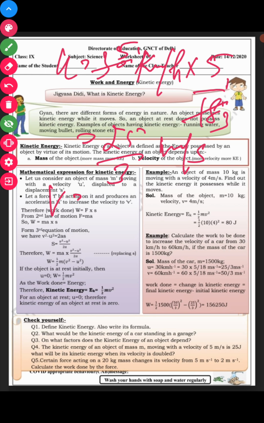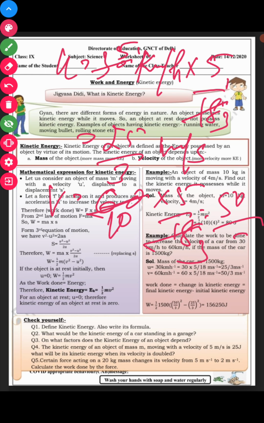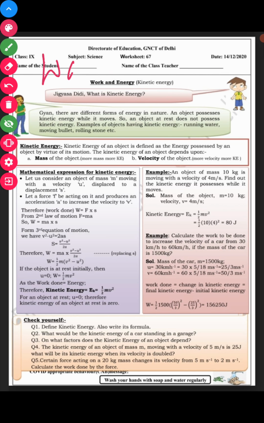In seconds, we have 60 into 5 by 18. So 3, 10, dividing it by 6, we have 50 divided by 3 meter per second. Okay, so work done: what is work done equal to?